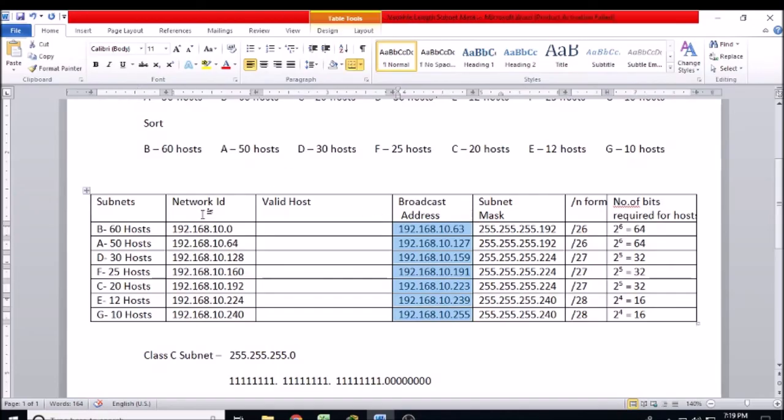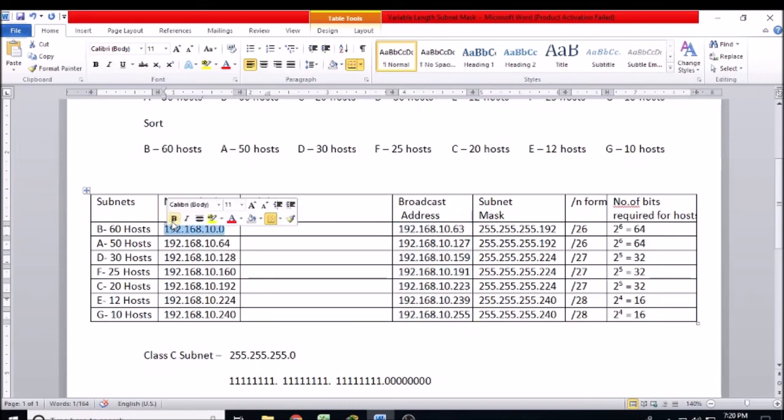Now it is very easy for us to find out the valid hosts. So what is a valid host? Once you have taken a subnet, you can't assign any host with the network ID, or with the broadcast address.